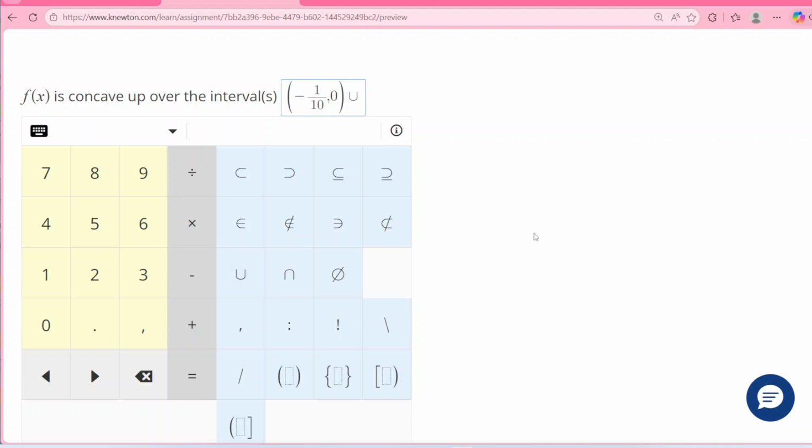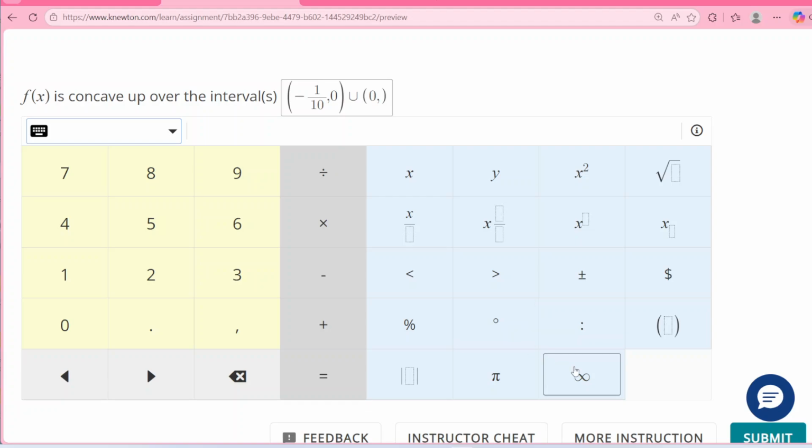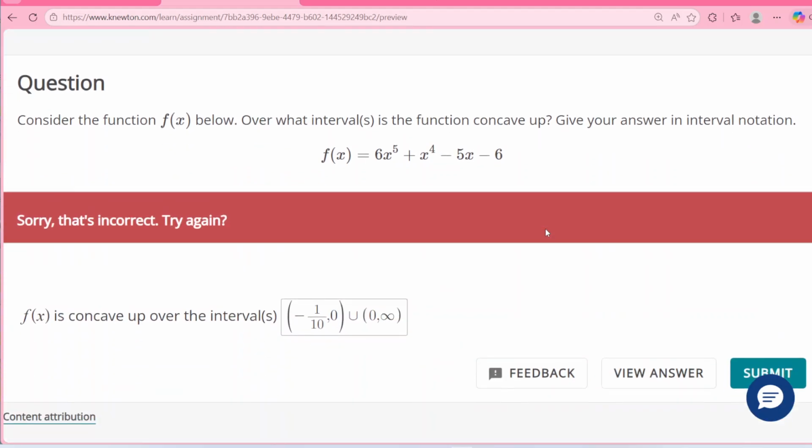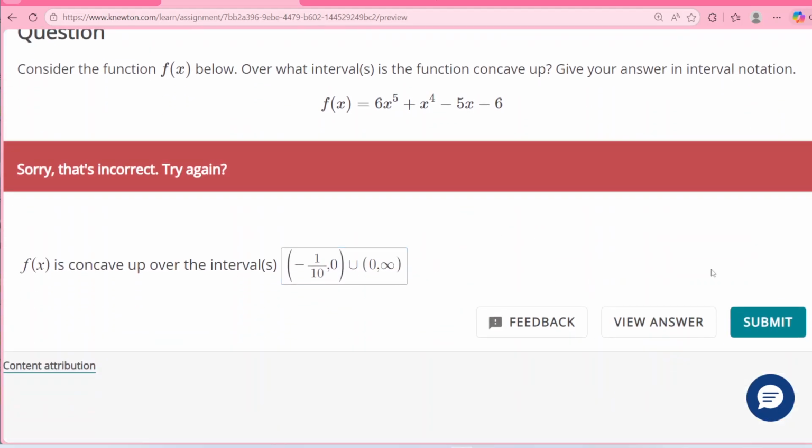All right, and then this 0 to infinity. Infinity is in the basic keyboard. All right, from negative 1/10 to 0, between those values, second derivative is positive, so concave up. And then from 0 to infinity, for those values, second derivative is positive, concave up. All right, so they must connect them because there was no change.